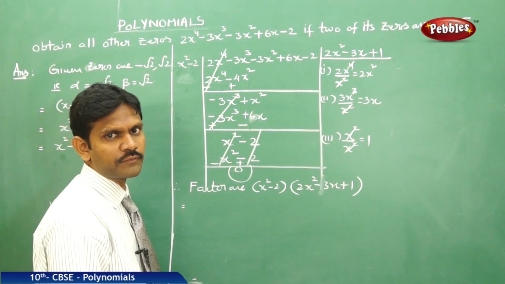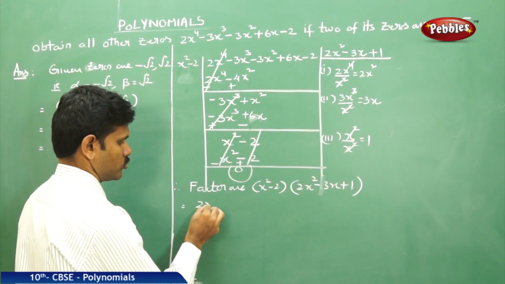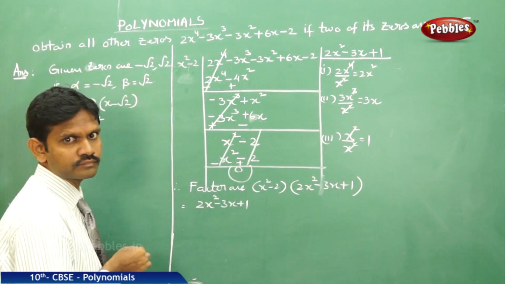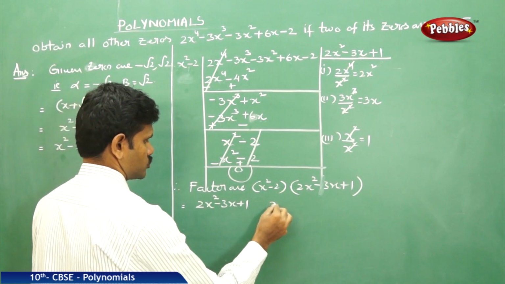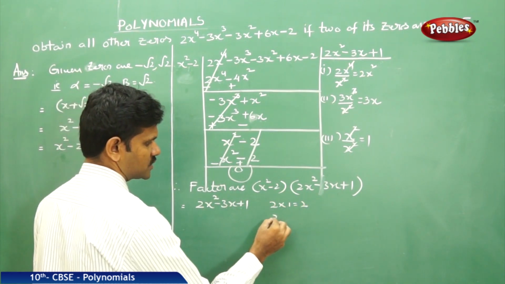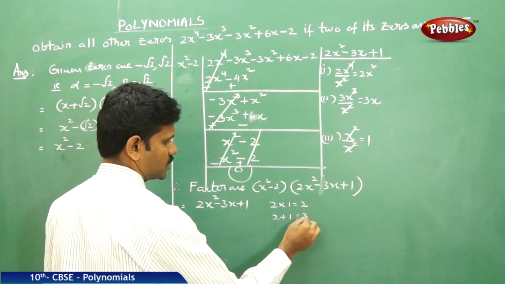Now let us find out the factors of 2x square minus 3x plus 1. 2 ones are 2, addition will give you 3, that is 2 plus 1 is equal to 3.